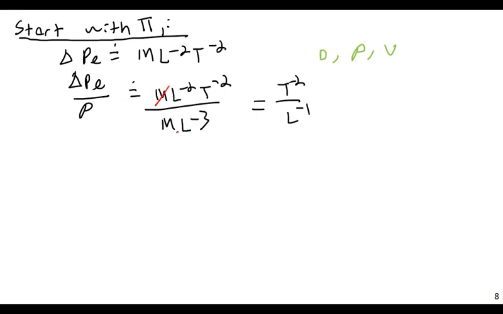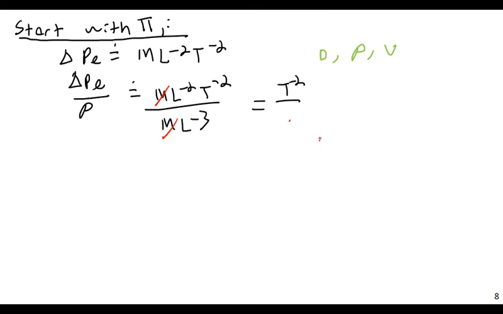If I did that, I would have t to the negative 2 divided by L to the negative, let me think about that. That doesn't quite make sense, does it? Divided by, that would actually be to the positive 1, wouldn't it? So actually, I think that's not quite right.